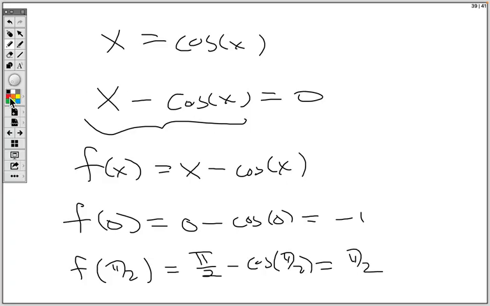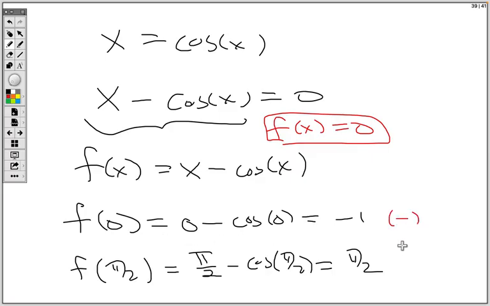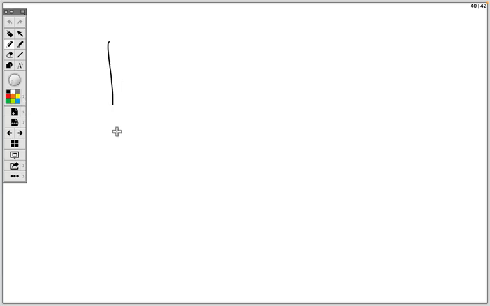Now what I'm looking for is a place where f of x is actually equal to 0. At 0, I've got a negative function value. At pi over 2, I've got a positive function value. So if I think of what's going on graphically here, at 0, I've got a negative value.